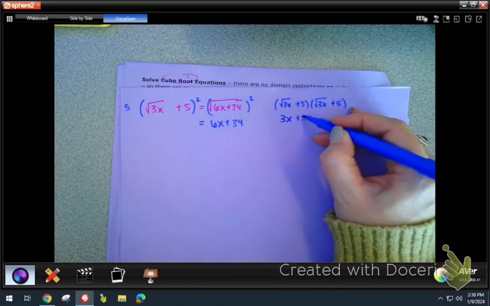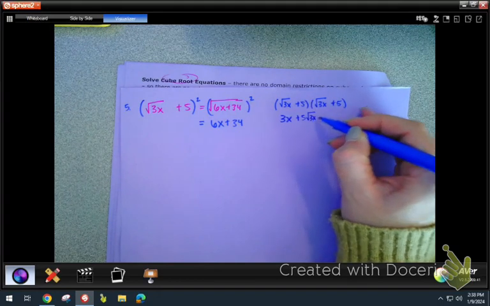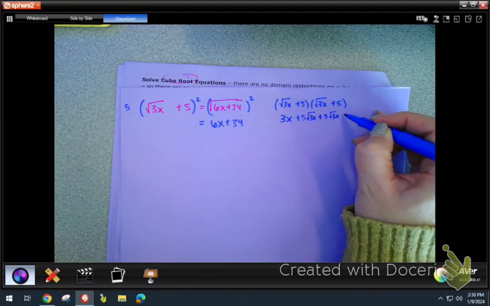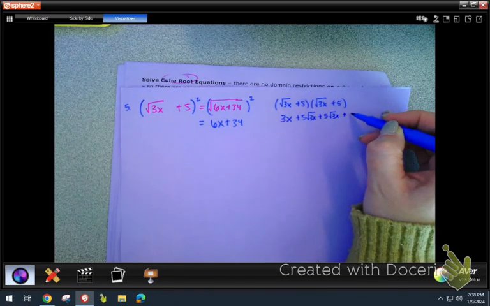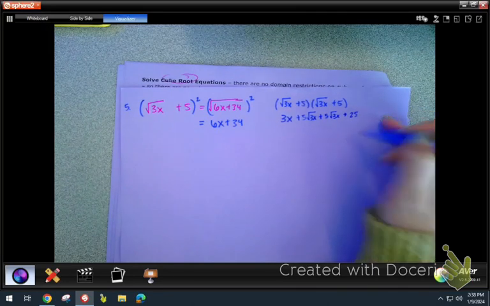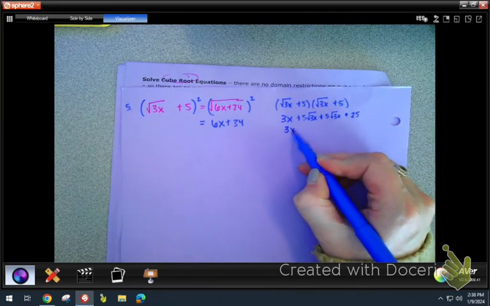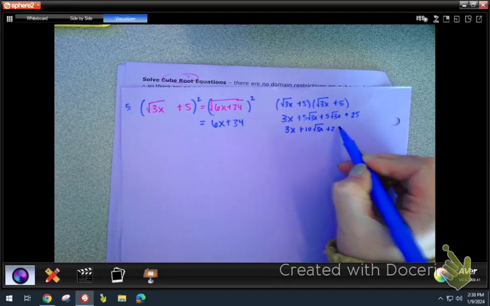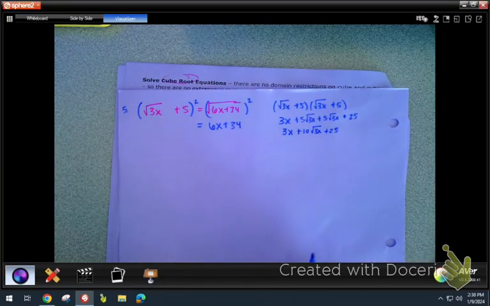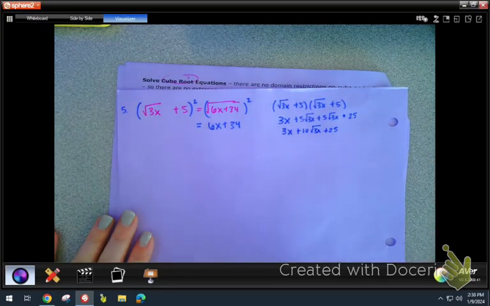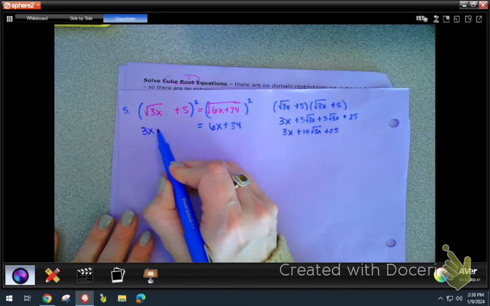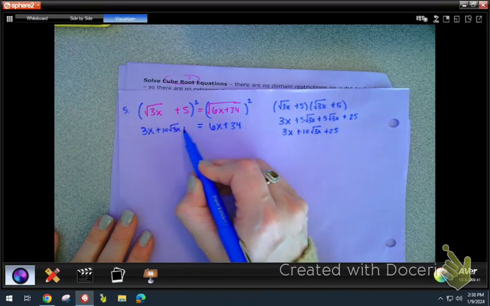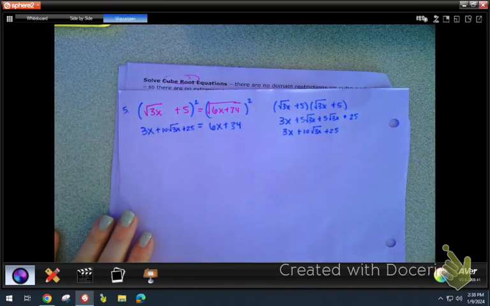Then I've got 5 square root 3x plus 5 square root 3x plus 5 times 5, and then I combine. This is not the part that's different, so I am going through it kind of fast because we've already talked about this, and if you don't get this, come see me later. 3x plus 10 root 3x plus 25 right here. Okay?